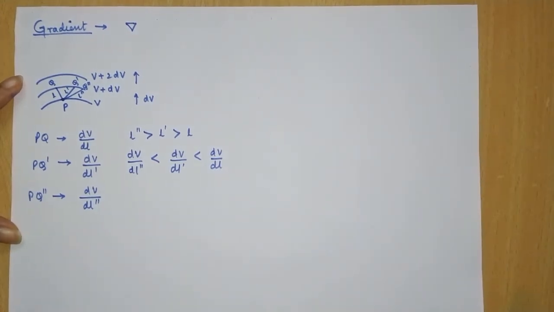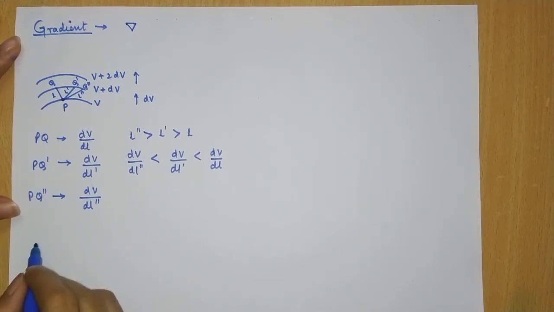From this we can say that smaller the distance, higher is the derivative. So we take perpendicular distance, because perpendicular distance between any two points is the minimum distance. So if we take perpendicular direction of the surface, then we get a maximum derivative, and this is called as gradient. So gradient basically represents the direction of the maximum change or the maximum rate of change.